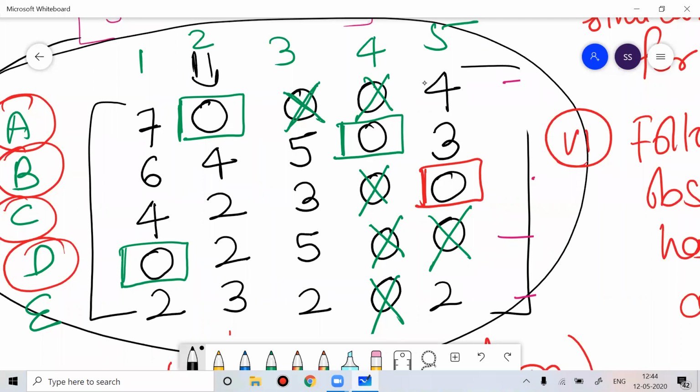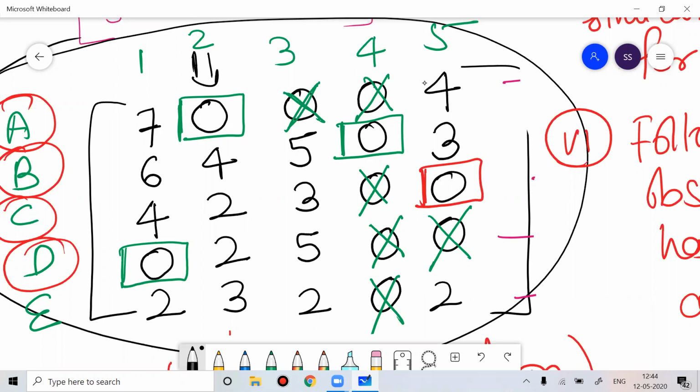First 1 zero, then 2 zeros, one cancelled, one available, then maybe 2 zeros, both available, then maybe 3 zeros, one cancelled, two available. Like that, one by one you have to do, till there is no zero which can be allocated.